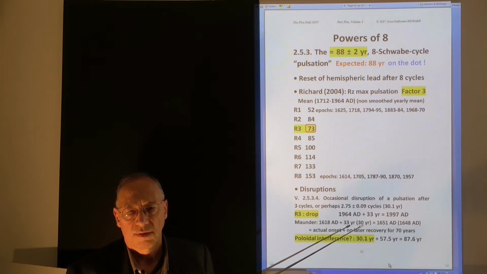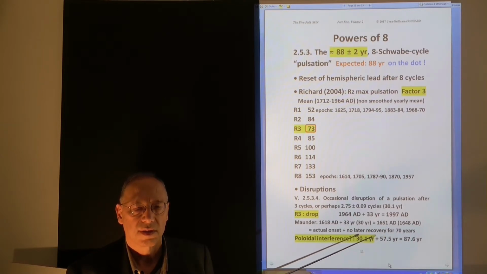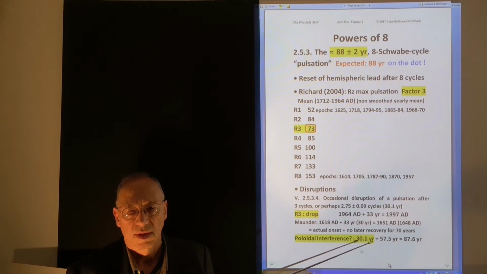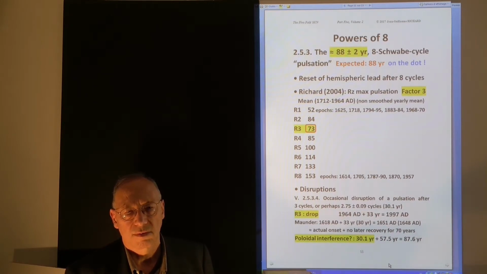If you add only 30 years, it is 1648, which is as realistic or maybe more realistic compared to actual sunspot data. 30 years correspond to the length of the poloidal cycle, which was already introduced in an earlier video, and we'll discuss in detail in the next video.